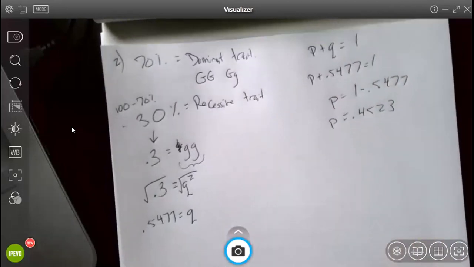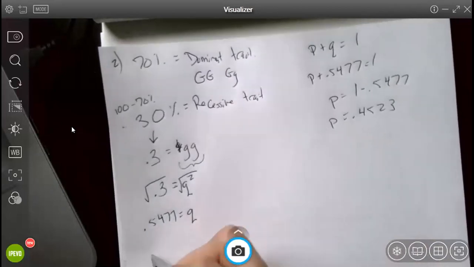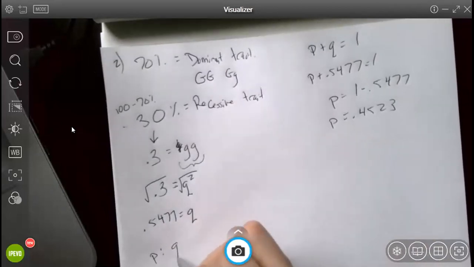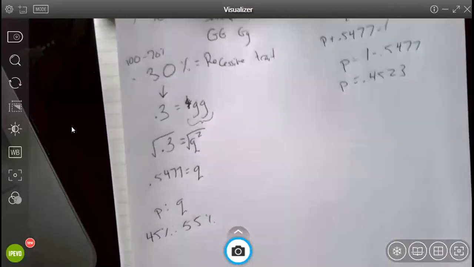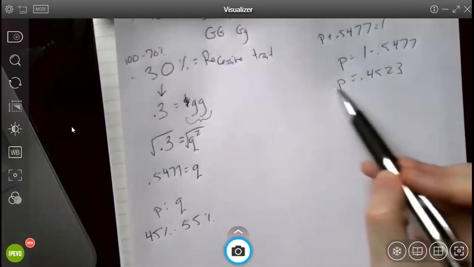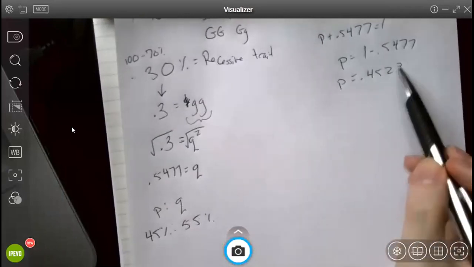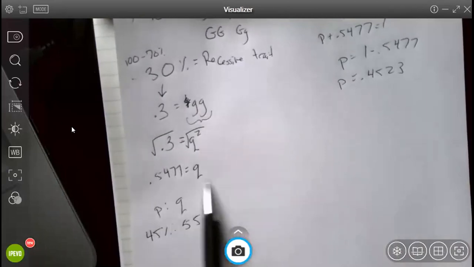So my allele frequency, as far as p to q, is roughly 45% to 55%. About 45% p and about 55% q.